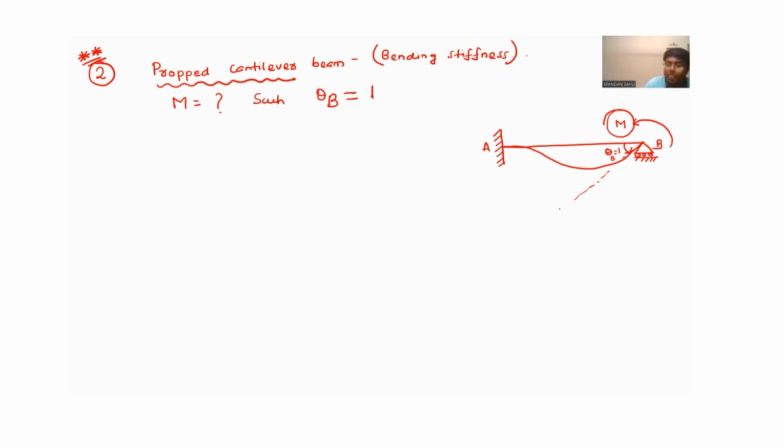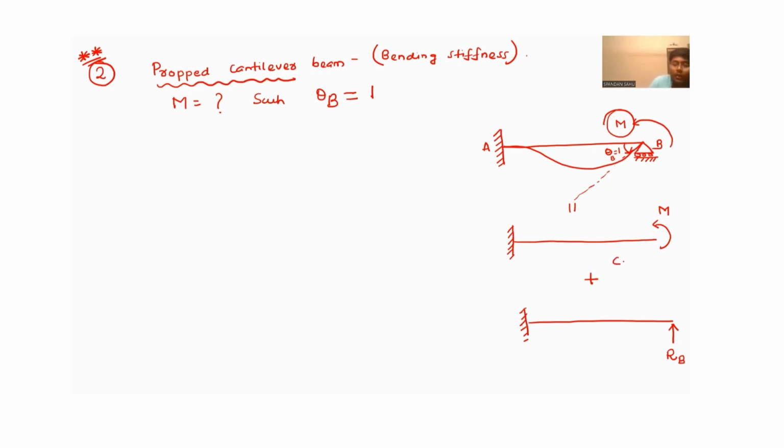If we apply the force method here to solve, then to apply the force method, you have to identify the redundant. So in the first case, I have taken RB to be the redundant. Remove all those external loads, so M is removed, and now I will apply RB.